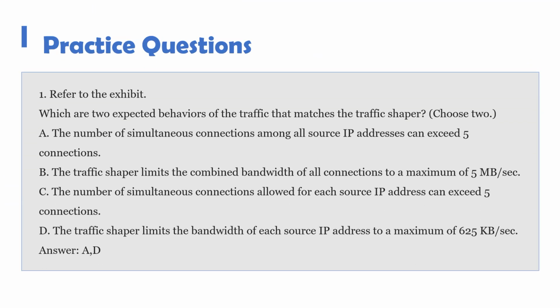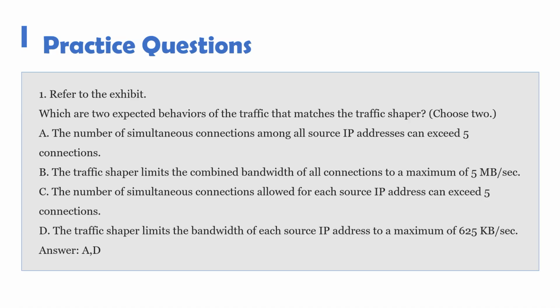1. Refer to the exhibit. Which are two expected behaviors of the traffic that matches the traffic shaper? Choose 2. A. The number of simultaneous connections among all source IP addresses can exceed 5 connections. B. The traffic shaper limits the combined bandwidth of all connections to a maximum of 5 MB/s.